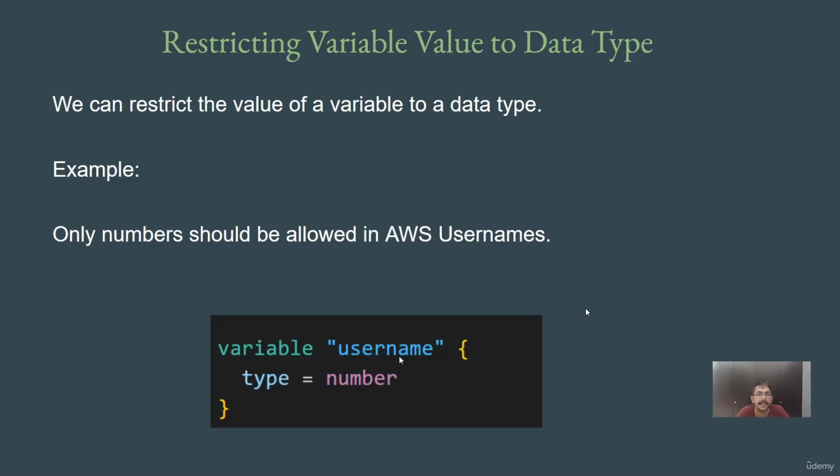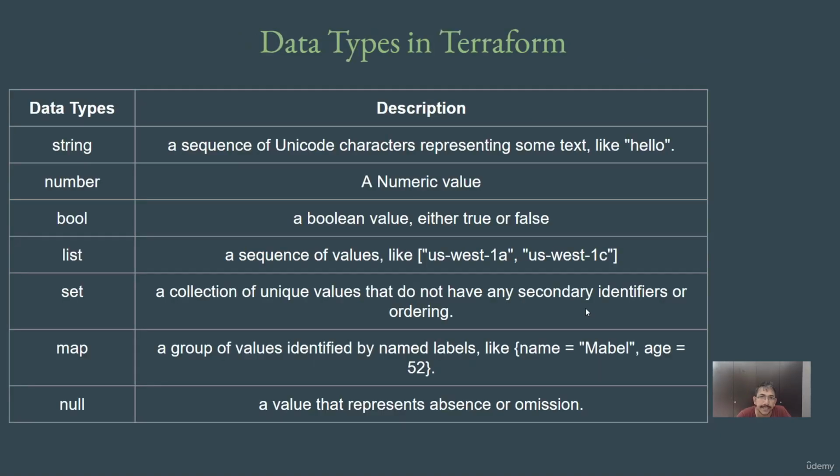Now again, one thing that needs to be noted is that in Terraform there are many data types available that solve different kinds of use cases. So in the next slide, I have also added details related to the wide variety of data types that are supported in Terraform. We have discussed string, which is a sequence of Unicode characters representing some text like hello. The second data type that we explored is a number, which is a numeric value.